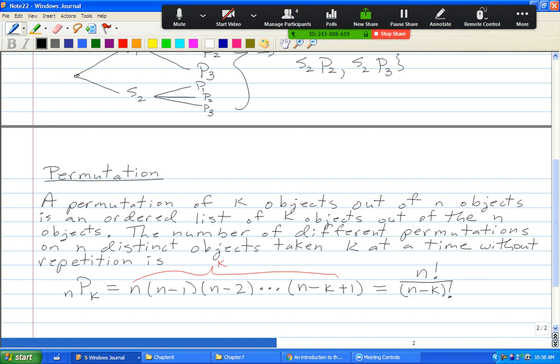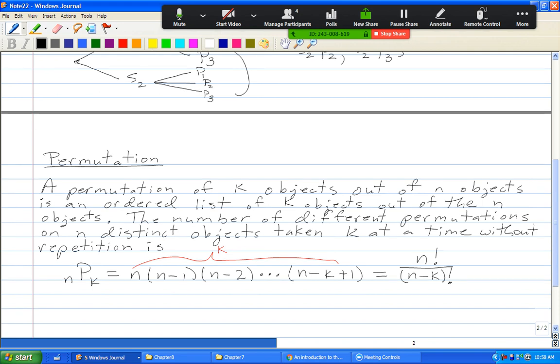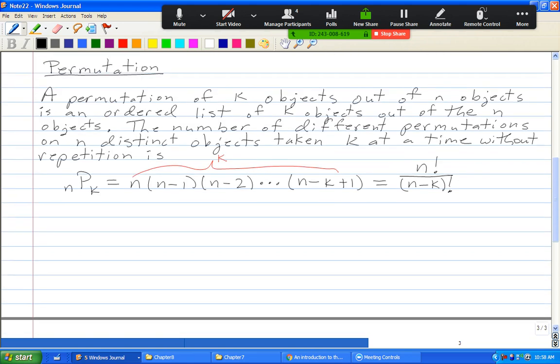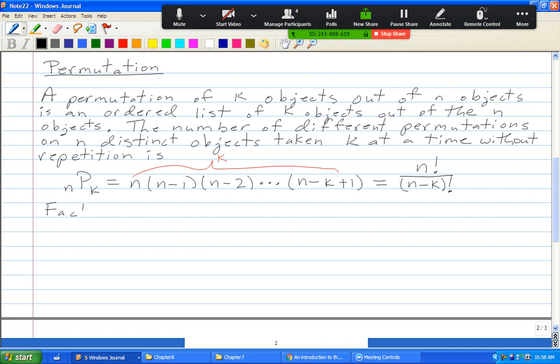Okay. So factorial. I'll define 0 factorial as 1.